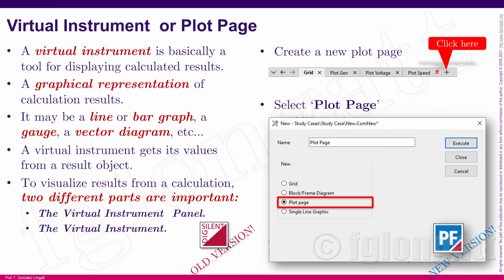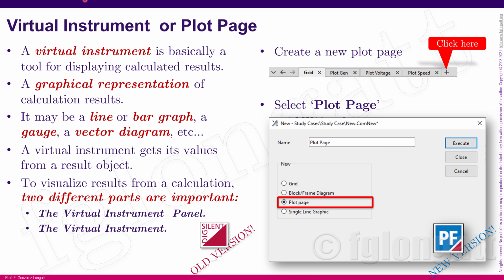And inside that white paper, that plot page, you will be able to include any kind of plot that you can imagine. They are lines, bar graphs, gauges, vector diagrams, and so on. Okay, what you need to understand is those kinds of graphs can be selected and connected with the result object that you already defined.